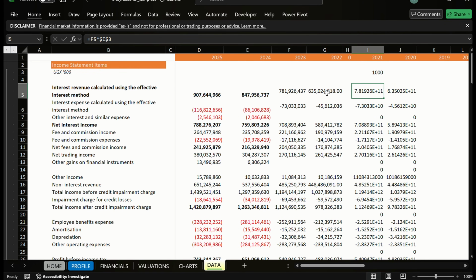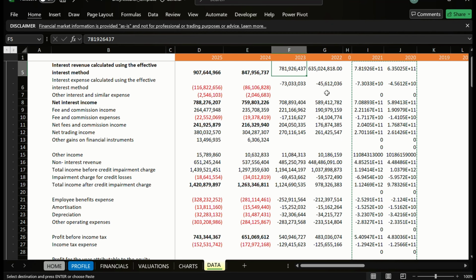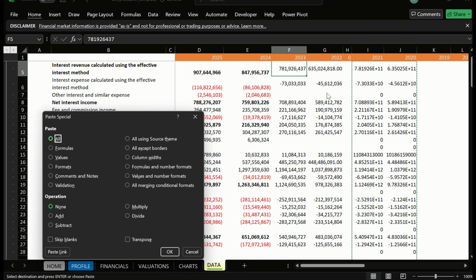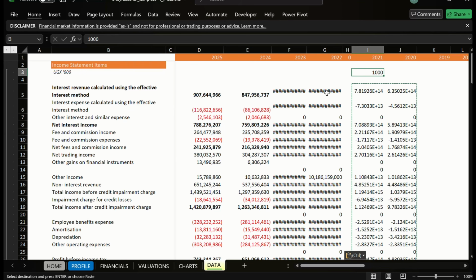Since the digits have been carried as in thousands, I'll have to convert them back by the thousand denominator, and then simply carry, okay, Control C, Control Alt V, and then paste those values so that I don't lose anything.